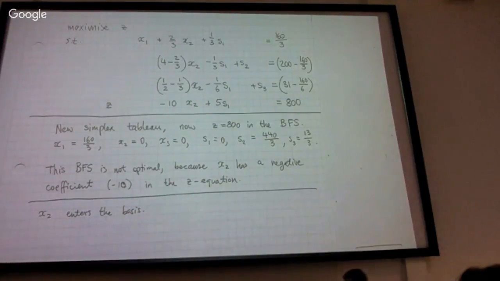Now remind me, how did we find out which of the basic variables leaves? We've got 3 here: x1, s2, s3. Which one leaves? How did we do that?